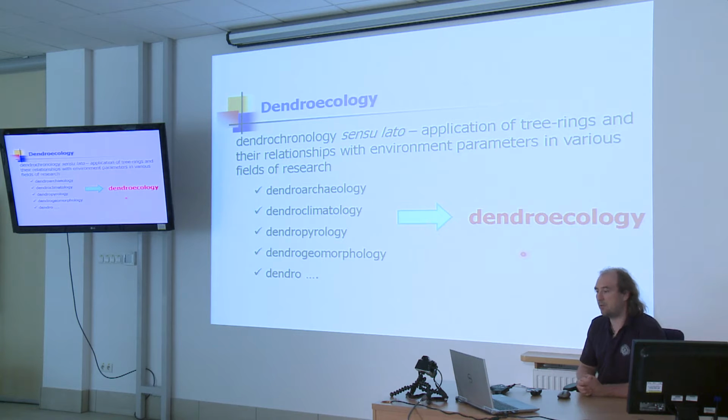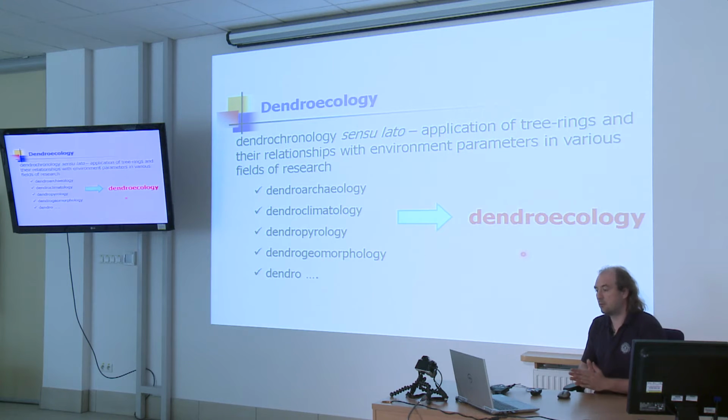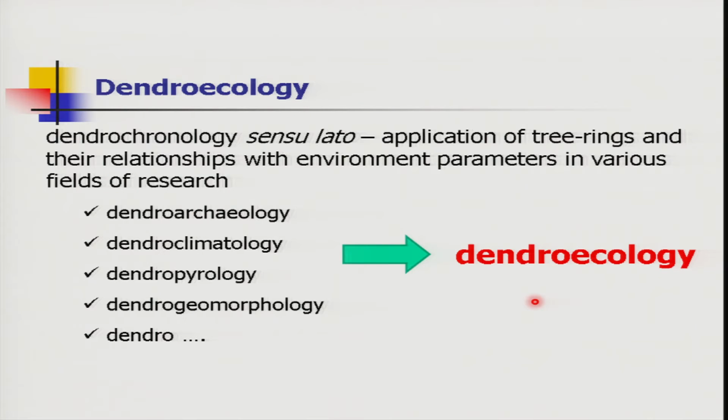When we apply classic dendrochronology, which focuses on dating, to various fields of research, when we correlate information hidden in tree rings with environmental parameters, we achieve a wider understanding of dendrochronology.